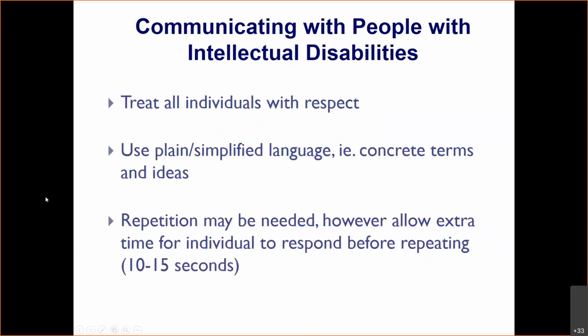So we're going to be talking just in the next couple of slides about interacting and communicating with people with disabilities. If this is what you do day to day, then you're probably very comfortable, and a lot of this will be review. But if you haven't been interacting a lot with individuals with disabilities, or maybe just with individuals with a specific disability and not a variety of disabilities, these are just some very general things to keep in mind.